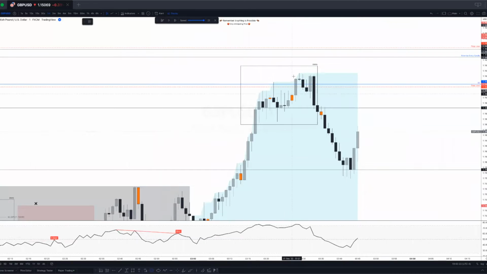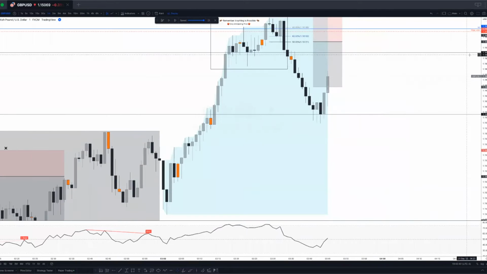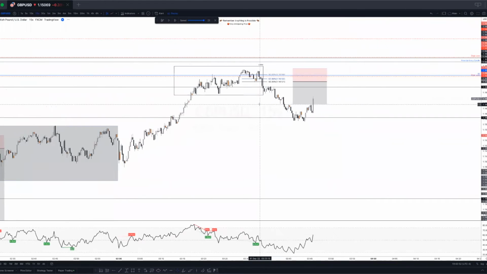Because it matches and you have clear manipulation, you can play this all day long. Put it at the 50. Just stop above the high. It is what it is. Stop above the high. Let's go back down to the 15-second.